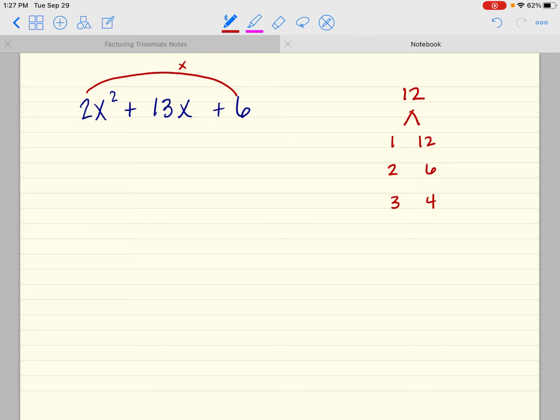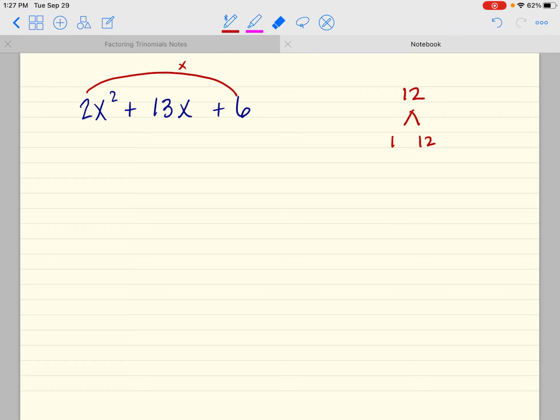What I want is the pair that adds to the number that I have in the middle. So 3 and 4 adds to 7, 2 and 6 adds to 8, but 1 and 12 adds to the 13 in the middle. So I know that I'm going to be using my 1 and 12 as my factors.